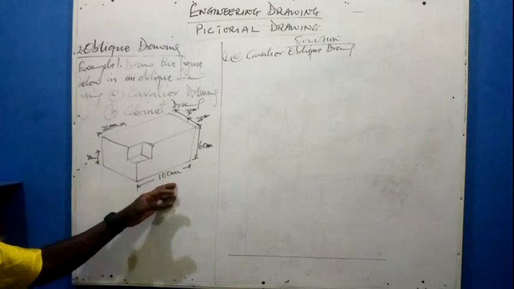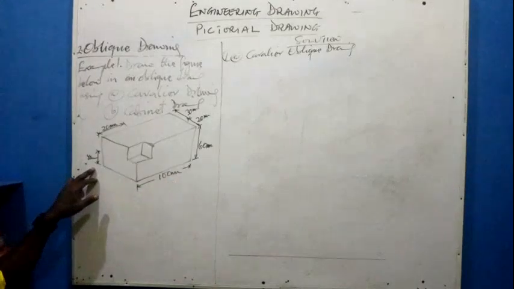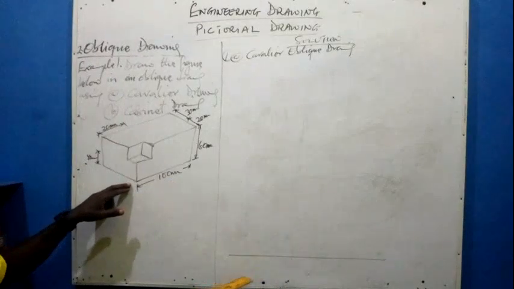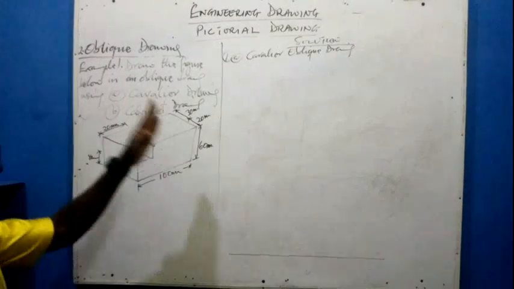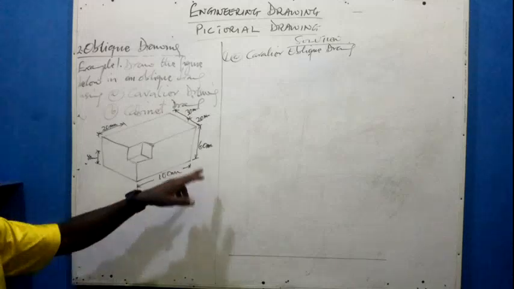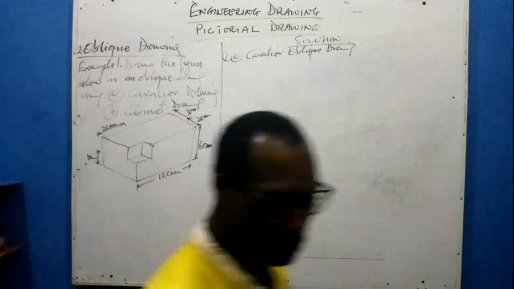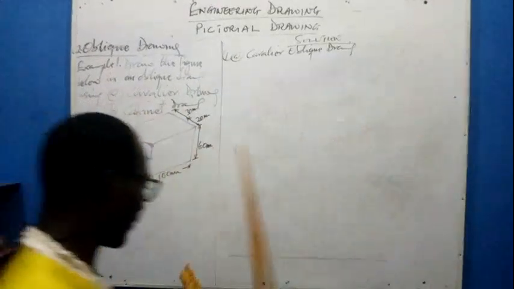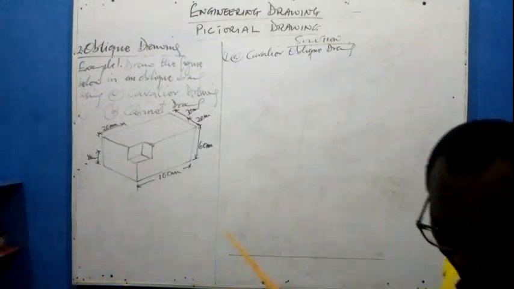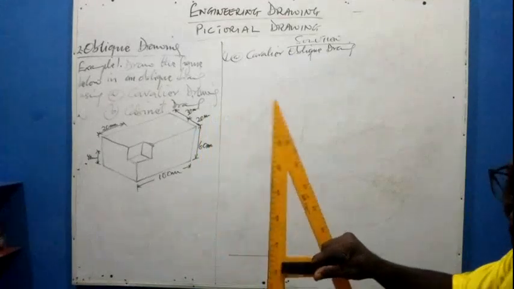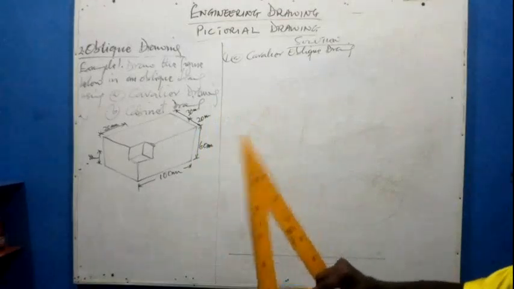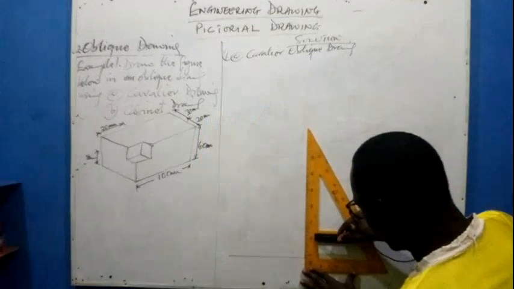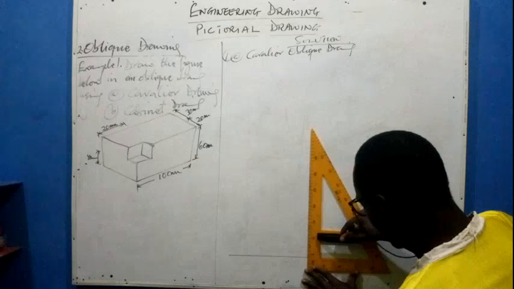Now if this is my inclined plane, it means that this side will sit on the horizontal section. What I want here is my vertical section. And for the vertical section, I will just use the 90 degrees side of the set square. Since I have a reference line here, I will prefer using this as my reference gauge to produce my 90 degrees.